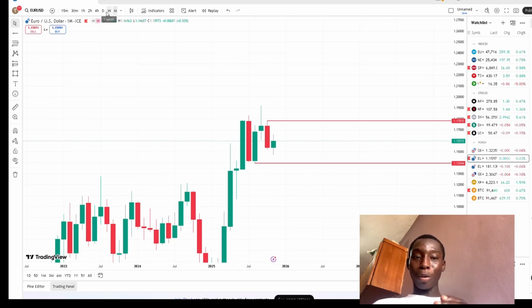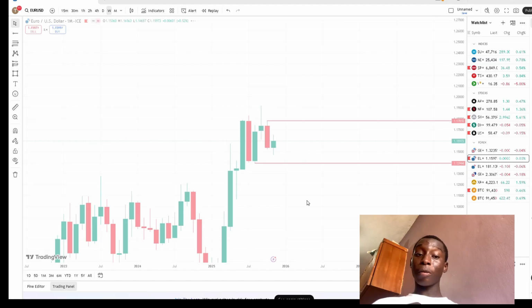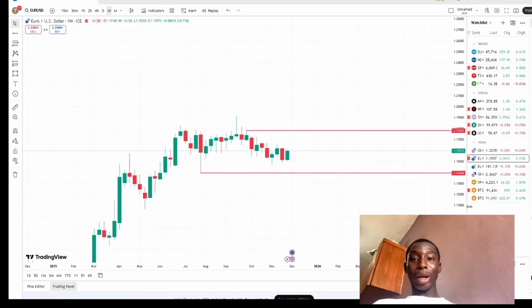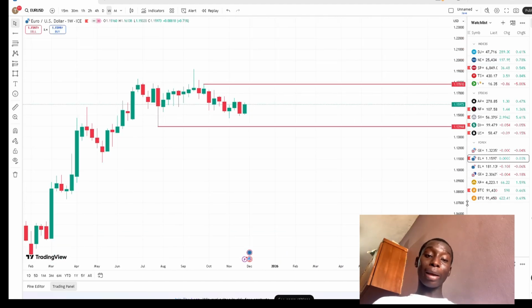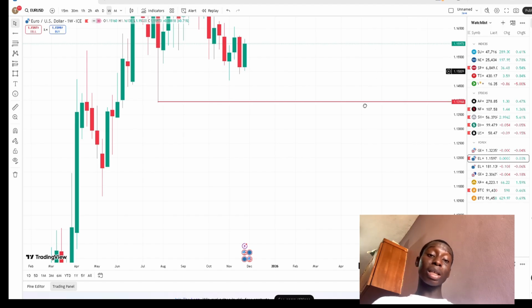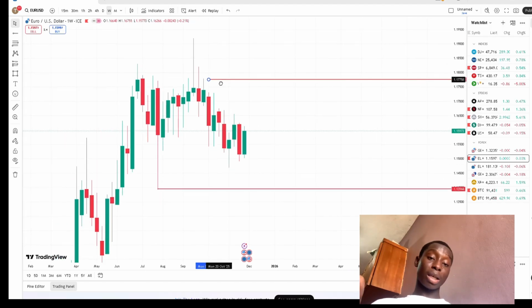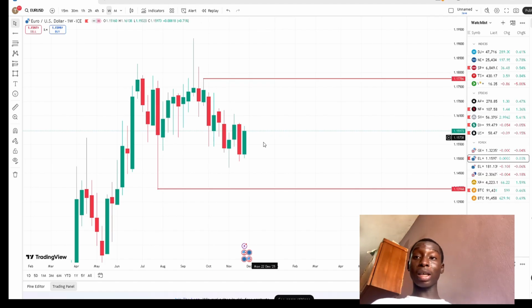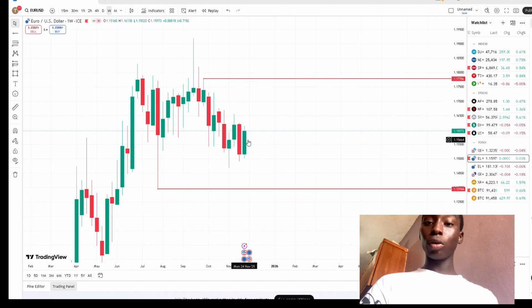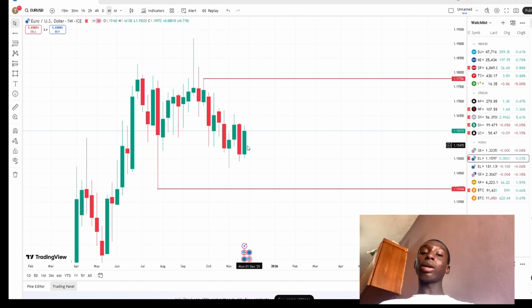So moving on to the weekly time frame, check everything clear. On the weekly time frame, we can all see that the previous week has ended with a strong bullish candle, indicating strong buying power in the market.